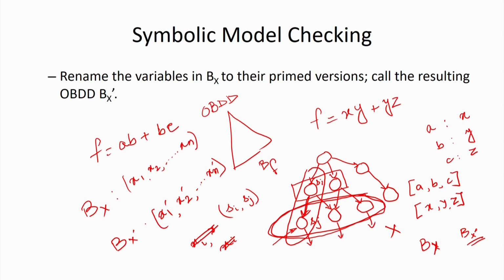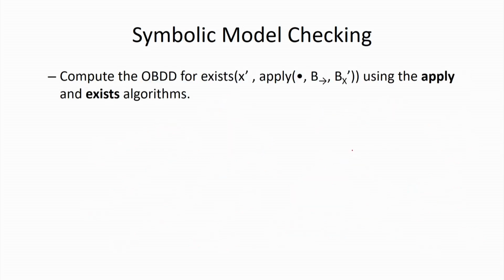Now, with the help of this renaming, we try to find out the predecessor state. Now, how are we going to do it? We compute the OBDD for exists x prime, apply AND, B arrow, the BDD of the transition system, and B x prime, using the apply algorithm and exist algorithm.